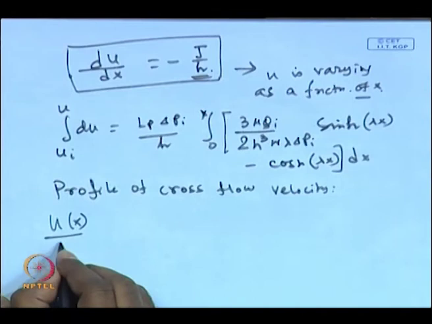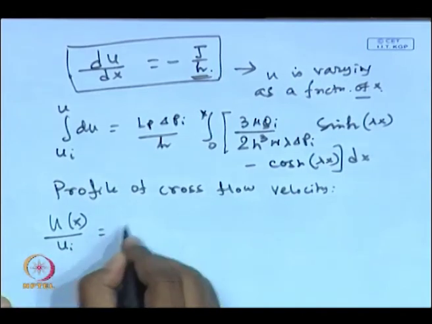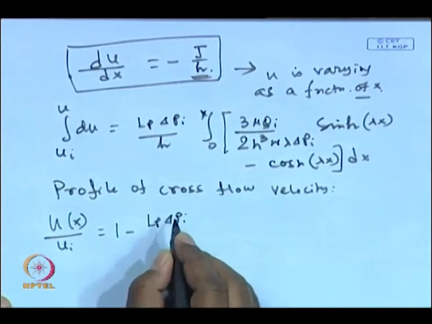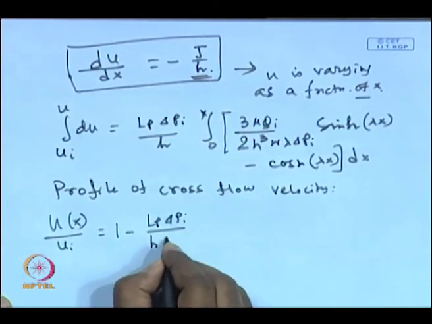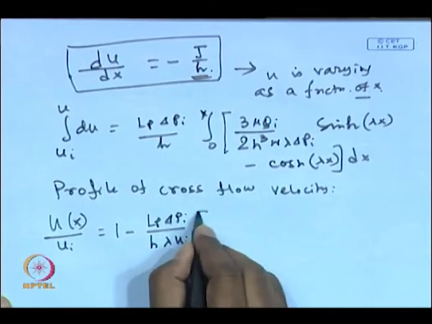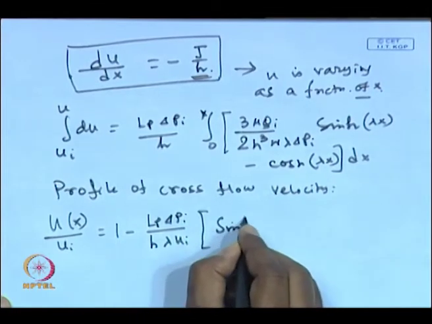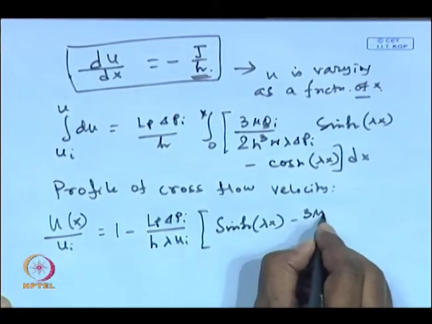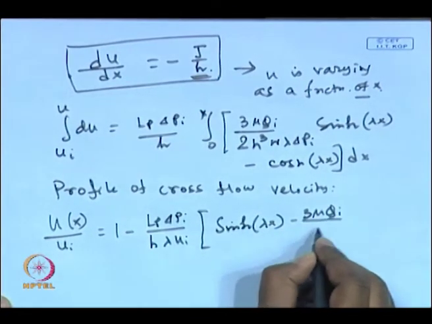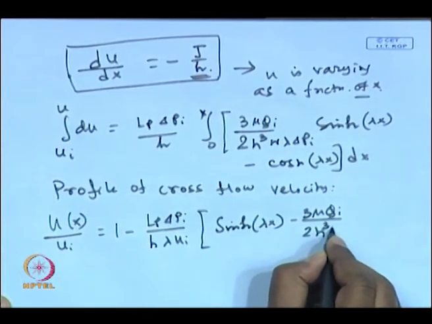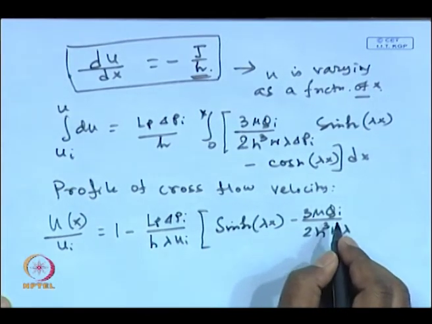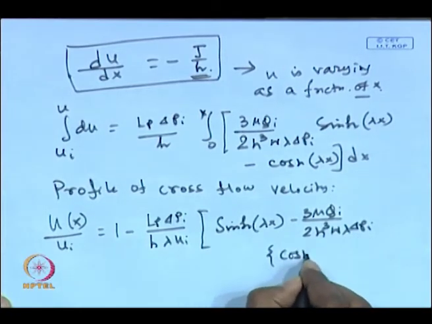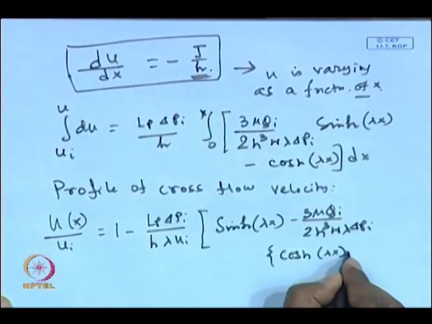U at X divided by U in is nothing but 1 minus Lp delta Pi divided by H lambda Ui, sinh lambda X minus 3 mu Qi divided by 2 h cube W lambda delta Pi, cosh lambda X minus 1.